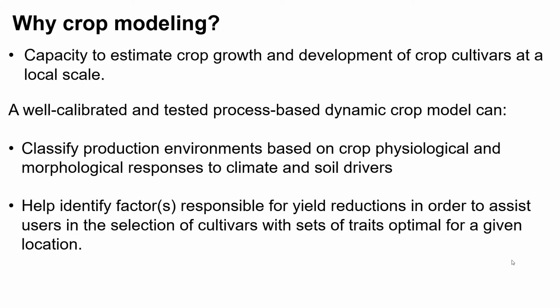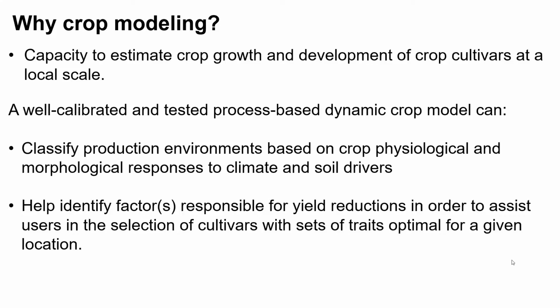A well-calibrated and tested process-based dynamic crop model can classify production environments based on crop physiological and morphological responses to climate and soil drivers and management practices, in addition to the traditional drought and heat indices that are currently used to classify production environments. And it also provides users with information on the factors responsible for yield reductions.